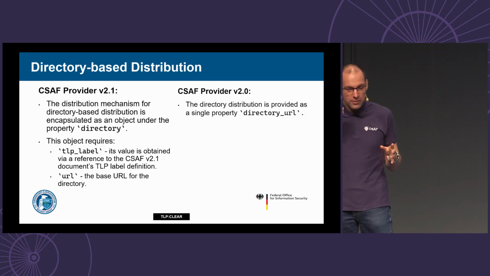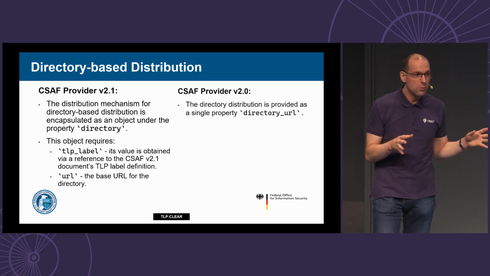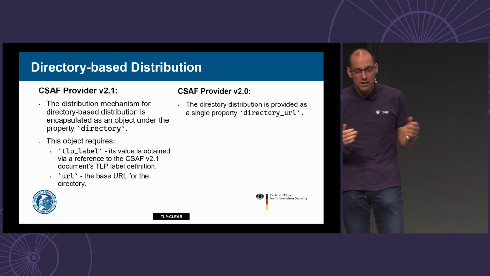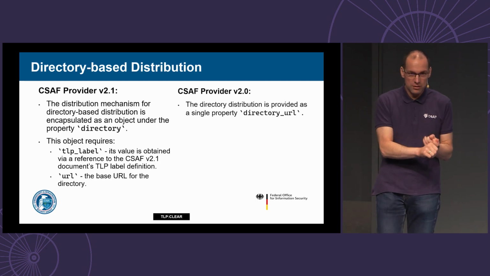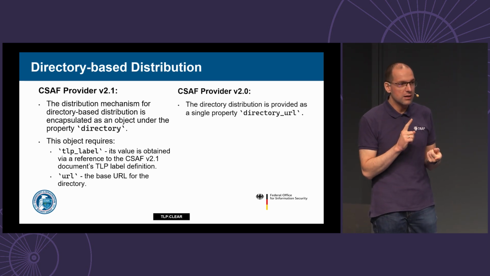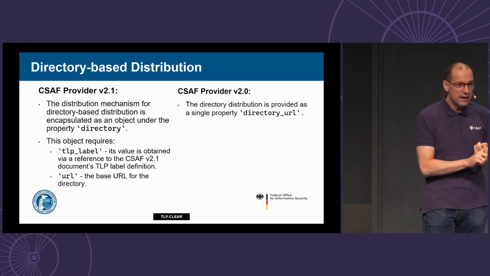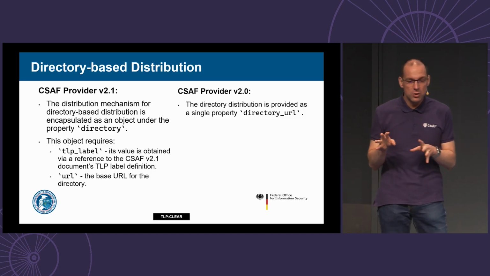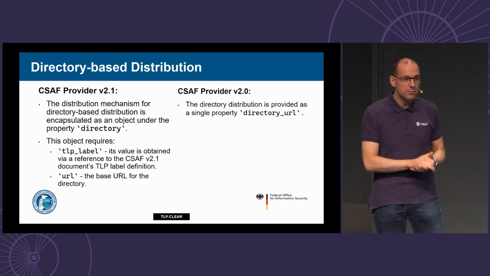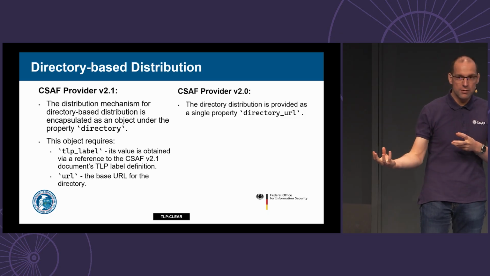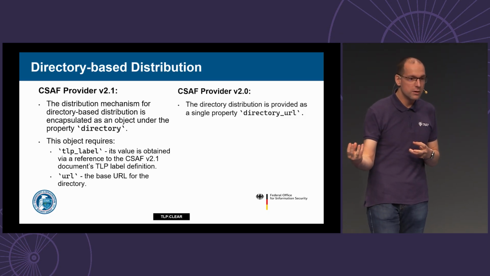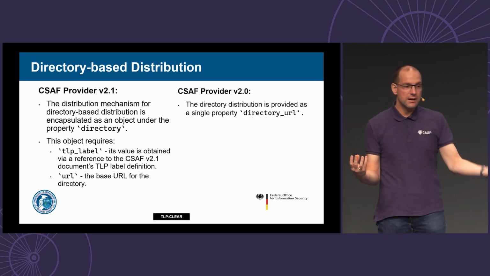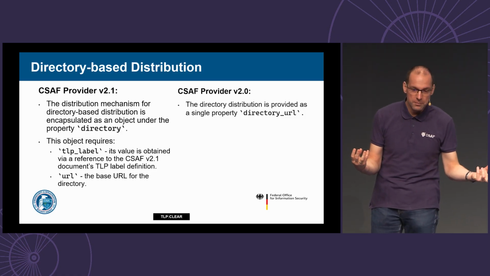We had some ideas when we used it, and we realized, well, TLP, that's something that we heavily need for distribution. So basically, we need to make sure that everyone has their TLP labels in the right place and uses them. So as soon as we had that in CSAF 2.1 as a mandatory field, we can then also use it as mandatory in the distribution.